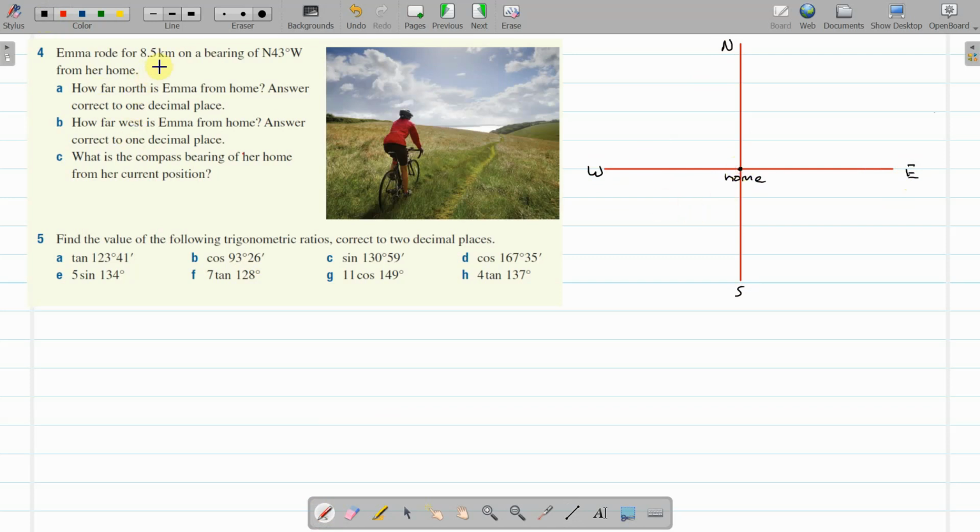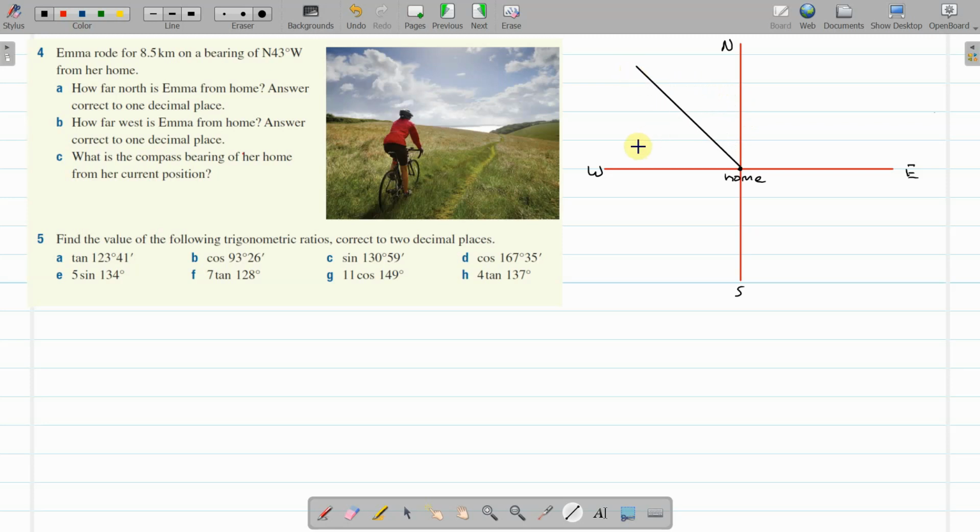And she rode 8.5 kilometres on a bearing of north 43 degrees west. So she's going north but heading 43 degrees towards west. So that will be about that way, I'd say.